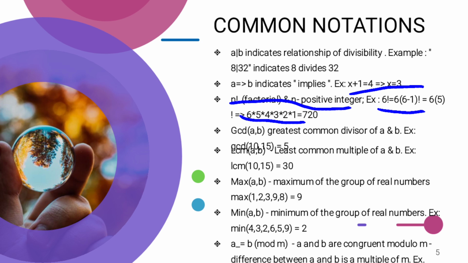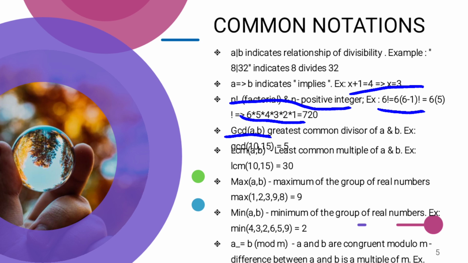Next, GCD of A comma B. GCD is nothing but the greatest common divisor of A and B. For example, GCD of 10 comma 15 is 5. What is meant by greatest common divisor?